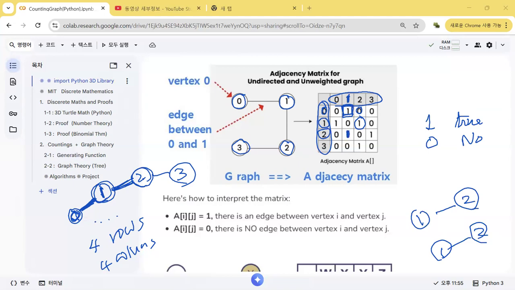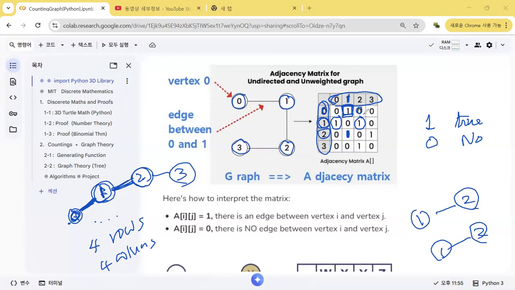In this case, 1 is connected to 0, so this is 1 and 0. There is 1. In this way, just comparing the row vertex and the column vertex, if there is a connection, write down 1. If not, write down 0.